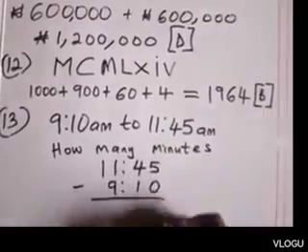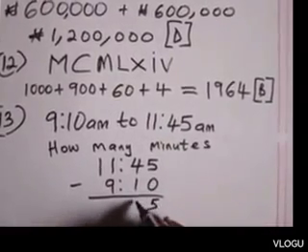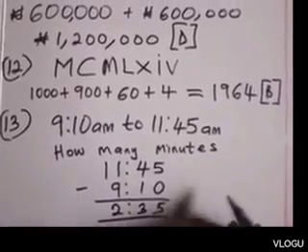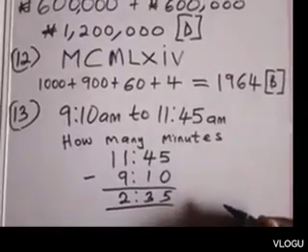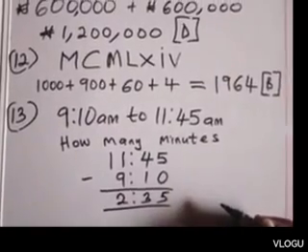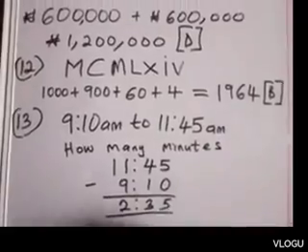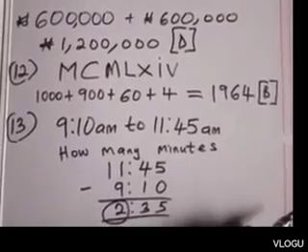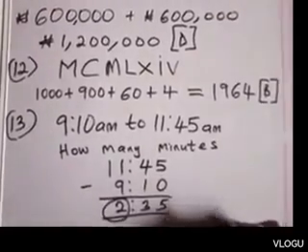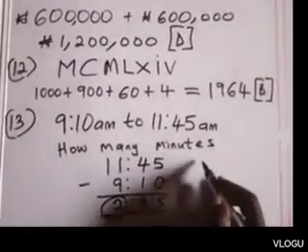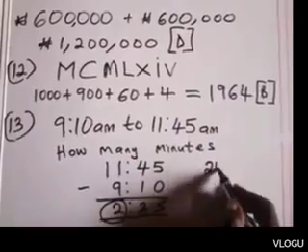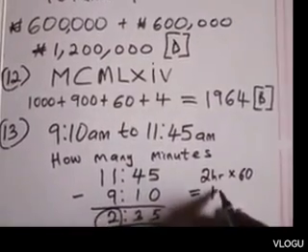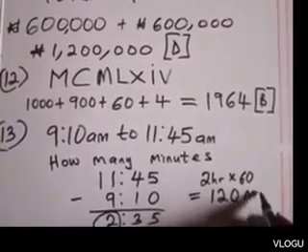Okay, 5 minus 0, 5, 3, 2. We are having 2 hours 35 minutes, but that is not the question. We have to calculate the number of minutes. So I'm going to change these 2 hours to minutes. 60 minutes make 1 hour. So 2 hours multiplied by 60 minutes will give us 120 minutes.